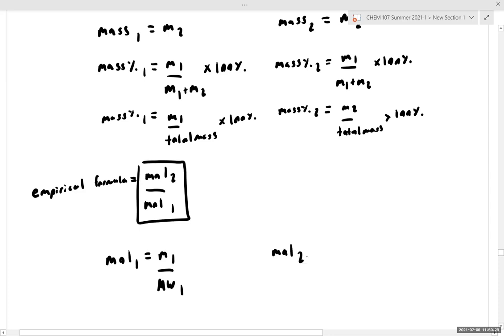I can also calculate the moles of element 2 by taking the mass of element 2 over the molecular weight of element 2. So all we've done so far is just restate some common equations that we've used throughout the course. We know we can calculate the mass percentage of each element. We know we can calculate the moles of each element given the mass and molar mass. Does this make sense to everyone so far?